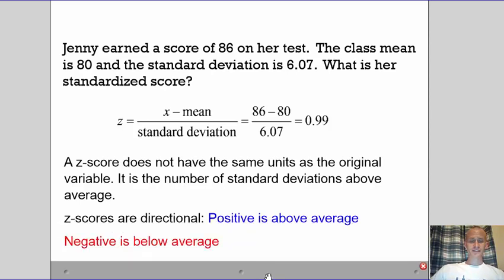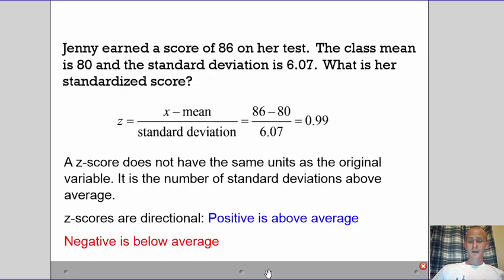A couple of things. A z-score does not have the same units as the original variable. We were originally talking about points, her score on the test. The z-score, that 0.99, doesn't have any units on it. It is a z-score, because of the way we set it up. Our standard deviation was in points, and our numerator is in points. So using some dimensional analysis ideas, points cancel out.